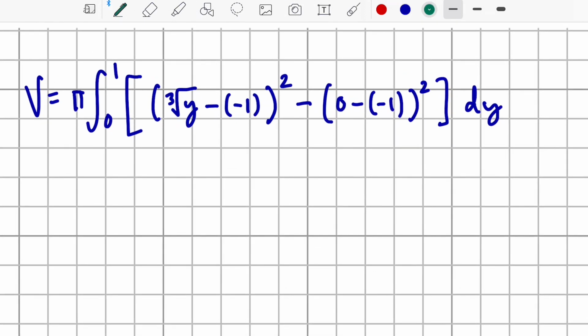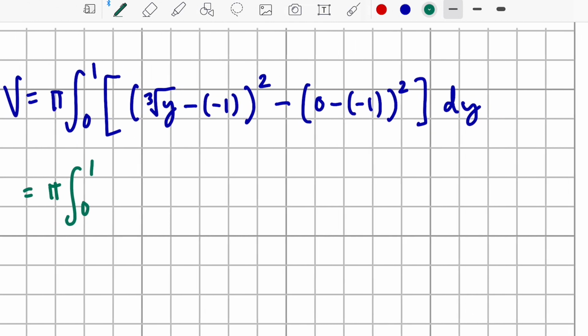So let's clean it up a little bit. So this will be pi integral from 0 to 1. This one, I'm going to just leave it like that.